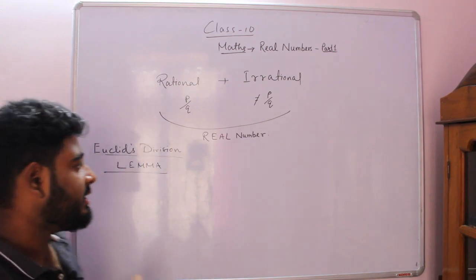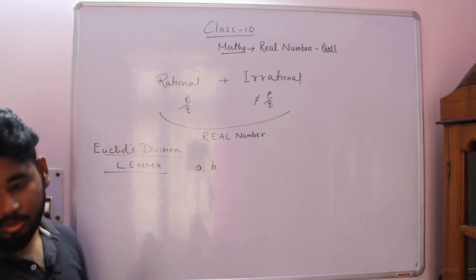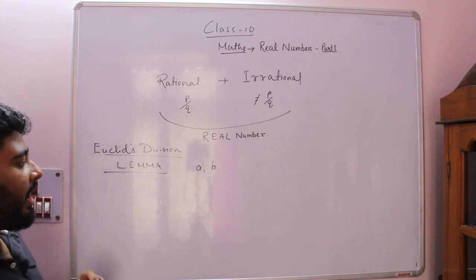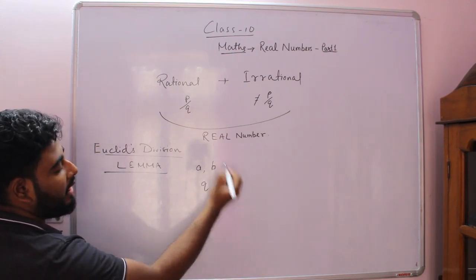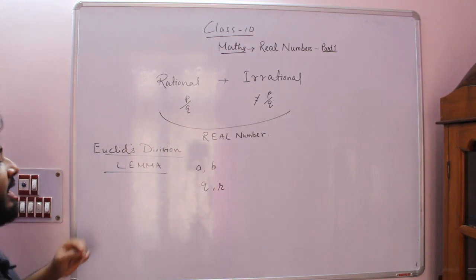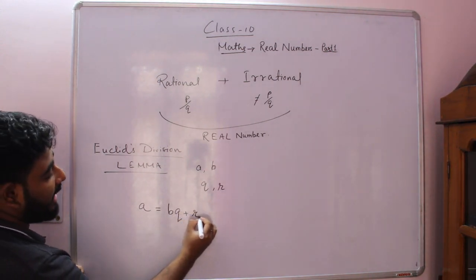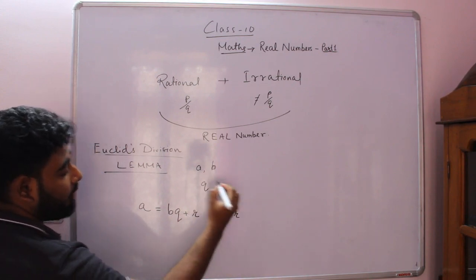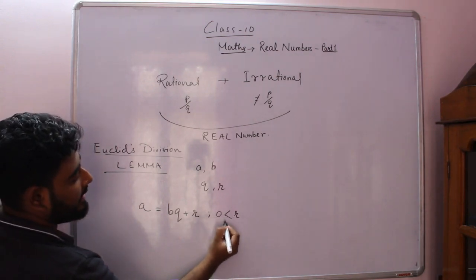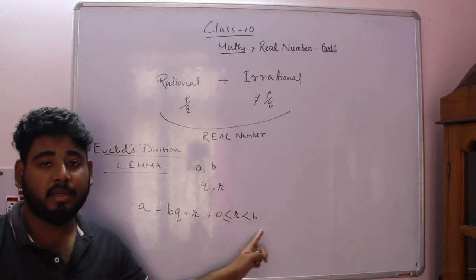Given two positive integers a and b, there exist unique integers q and r such that a equals bq plus r, where 0 is less than or equal to r, and r is less than b.